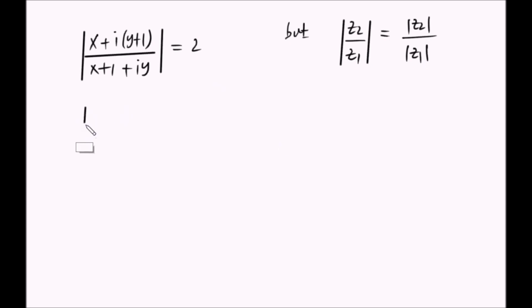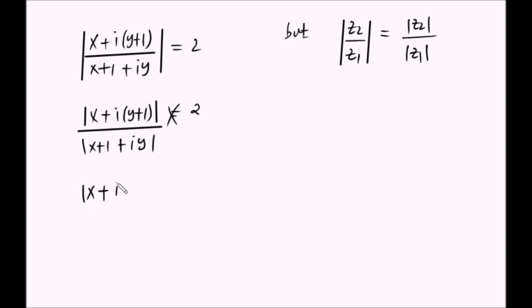So this means that the modulus of x plus i(y plus 1) over the modulus of x plus 1 plus iy is equal to 2. So I've used this. Now if I cross multiply, I get that the modulus of x plus i(y plus 1) is equal to 2 times the modulus of x plus 1 plus iy.